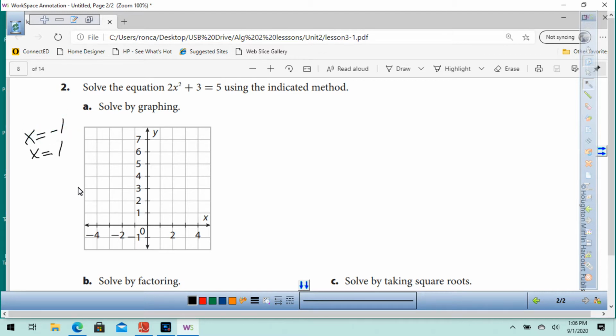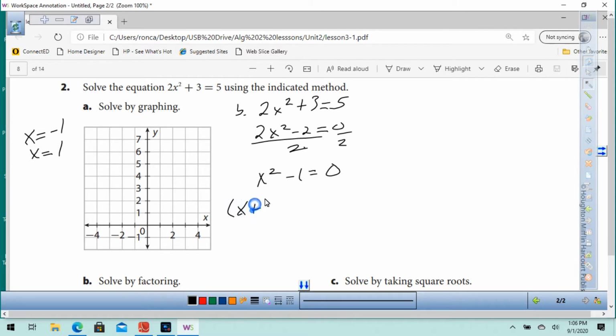Solve by factoring. We have 2x squared plus 3 equals 5. Subtract 5 from both sides, and you got 2x squared minus 2 equals 0. Divide both sides by 2, and that's going to give us x squared minus 1 equals 0.